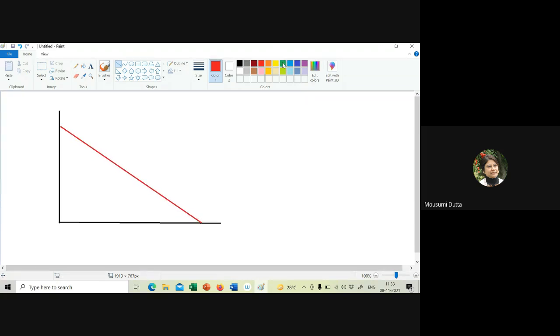This is the usual demand curve. This is the usual supply curve. This is price.